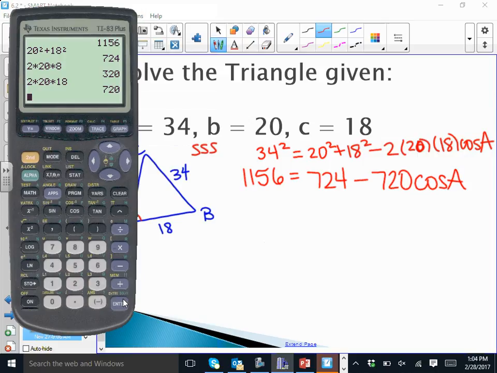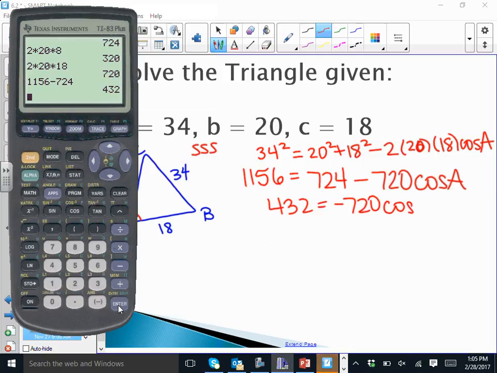Okay, so let's talk again. What order do we do this? What's our first step? Subtract what? To where? The other side. So we have to subtract 724 to the other side to get 432.